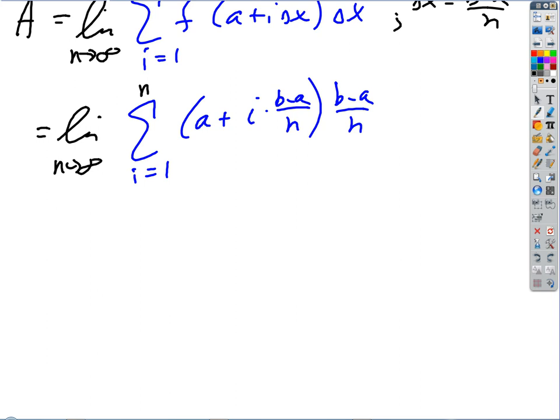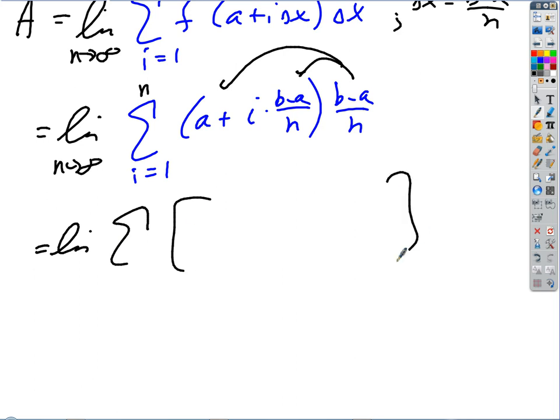Now what? Distribute. We can distribute this term right here through to both parts. And so that's going to give us the limit of the sum of a times b minus a over n. We'll just leave it like that. It's fine.